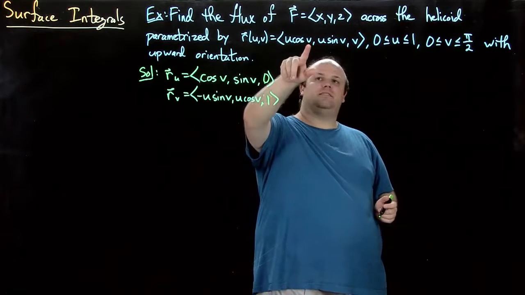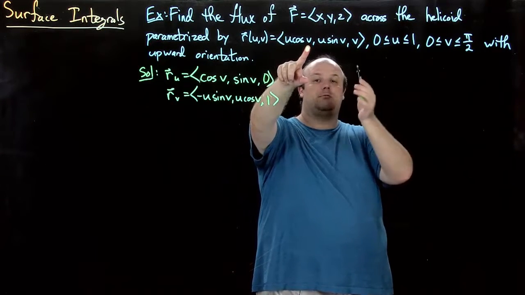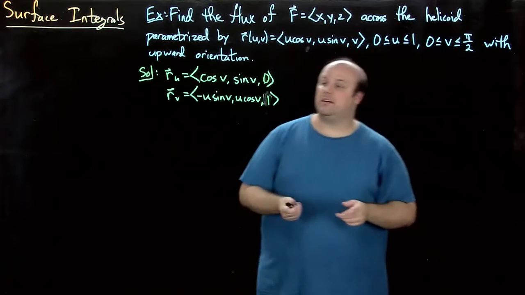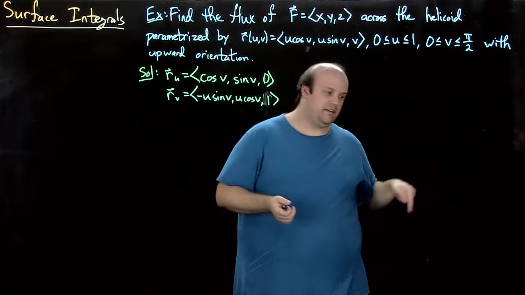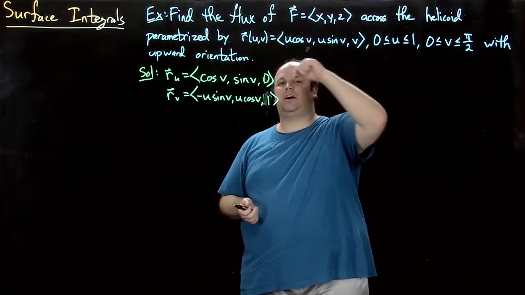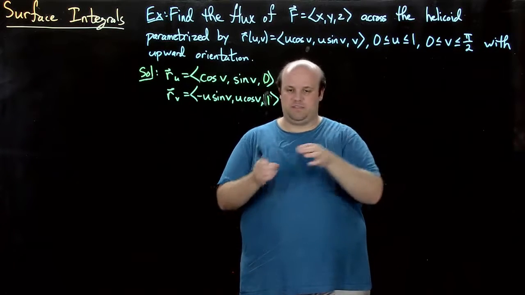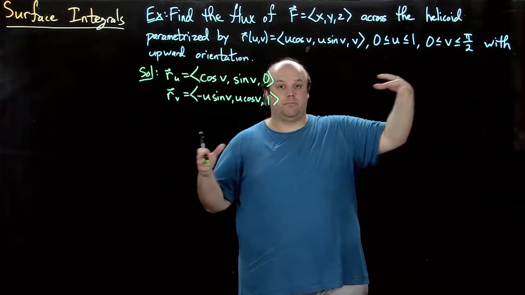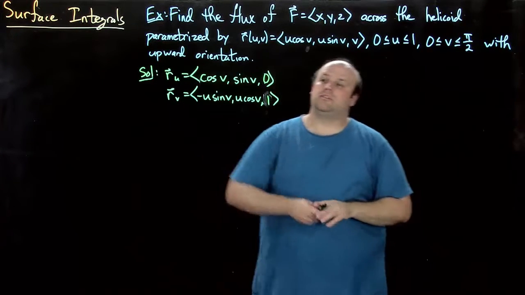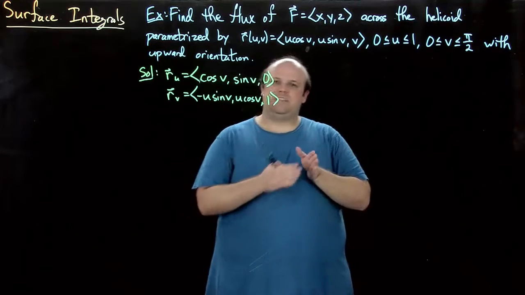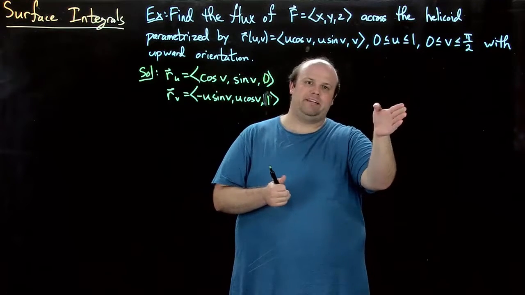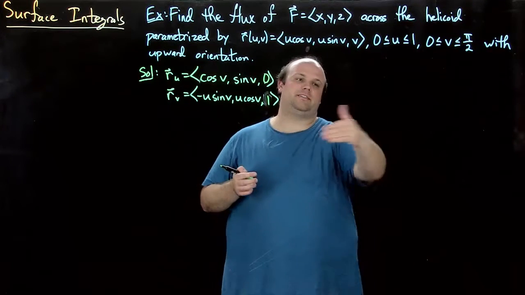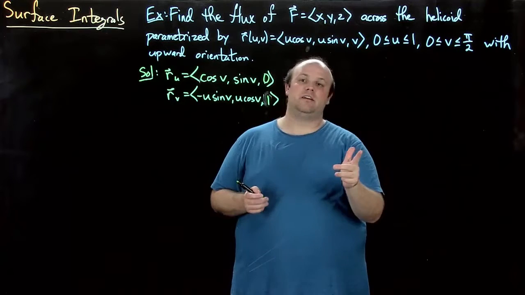The grid lines for v, since v tells us how we're rotating, are spirals that go up. They start really close to the z-axis and get bigger and bigger. So r_u points along the radial direction and r_v points in the direction of rotation.